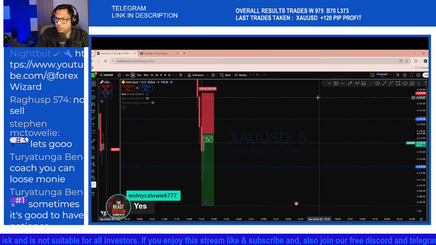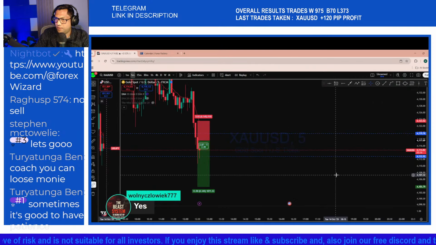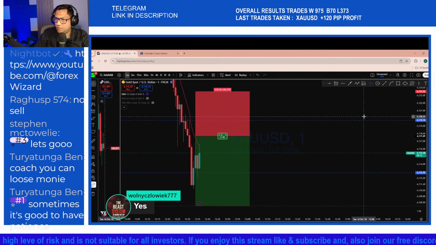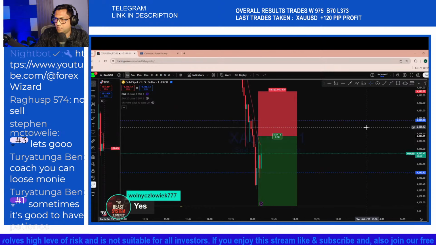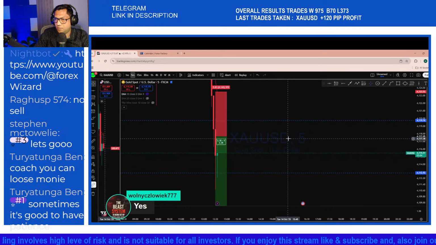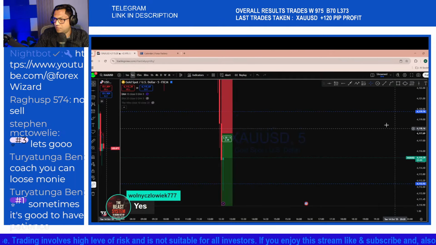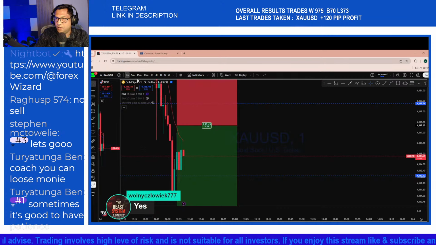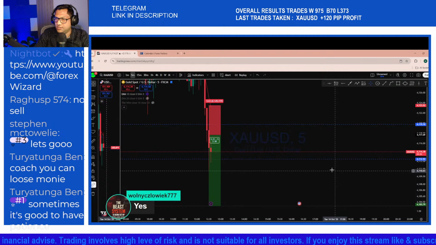And the 5-minute chart. This is a significantly bearish price action that has been created.